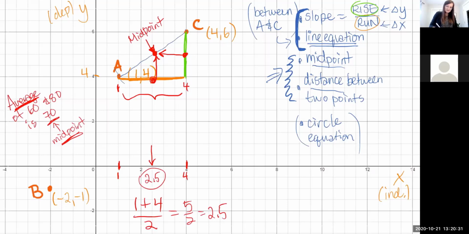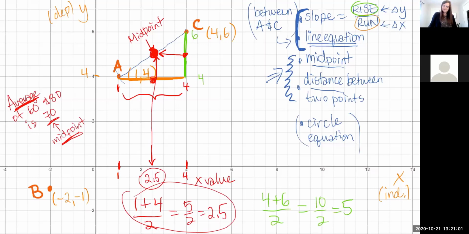So this is my x value. So at 2.5 is going to give me my midpoint. And then I also need to get an average for my y's. So what's the average between 4 and 6? Cool.